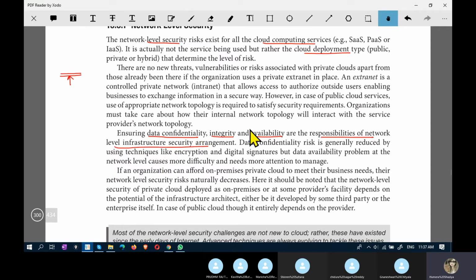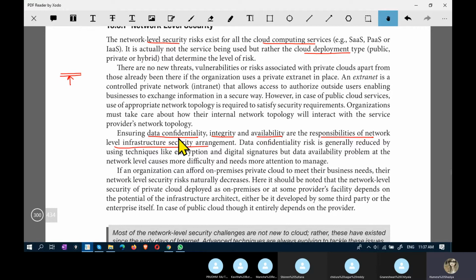In what way? At the network level, anyone can gain access to the transmission which is happening. It can be data transmission in any form.